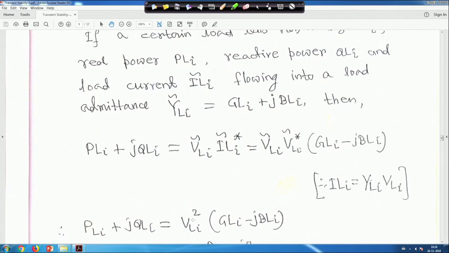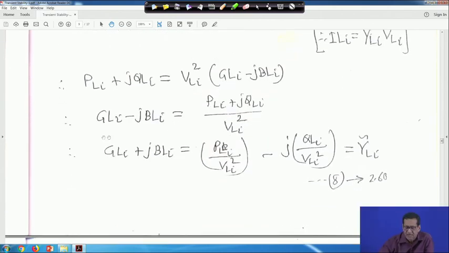So, therefore, P_LI plus jQ_LI is equal to V_LI square into G_LI minus jB_LI, right. That means we can write G_LI minus jB_LI is equal to P_LI plus jQ_LI upon V_LI square, right.